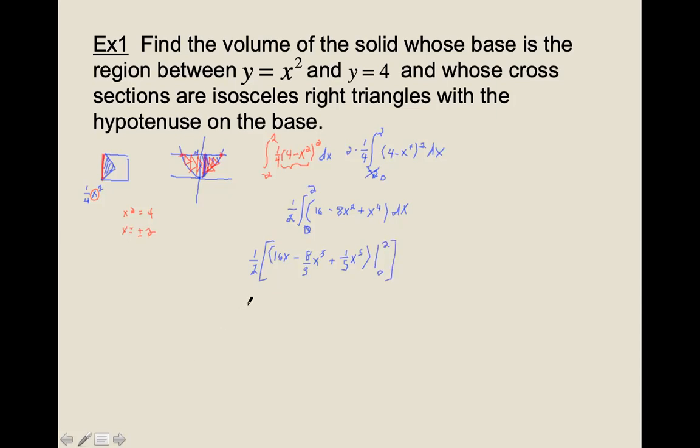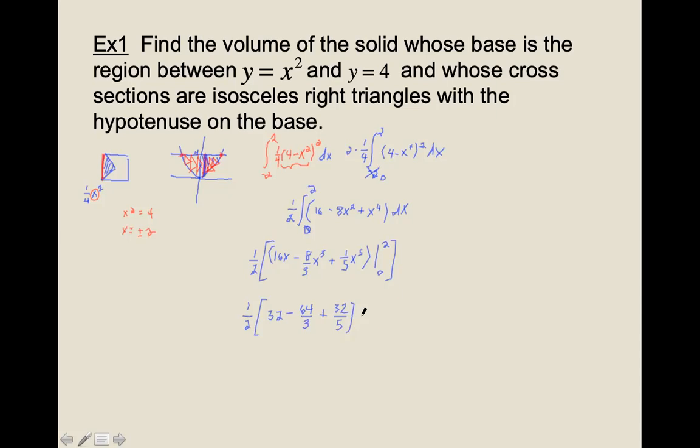All right, so I'm going to go ahead and evaluate. I put in 2. I get 16 times 2 is 32. 2 cubed is 8 times 8 is 64 thirds. And here I have 2 to the 5th is 32 fifths. And then I simplify all of that.